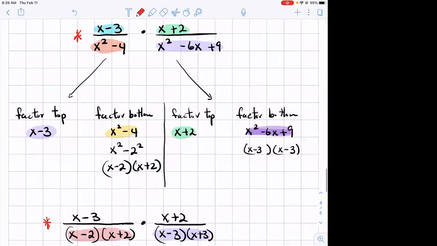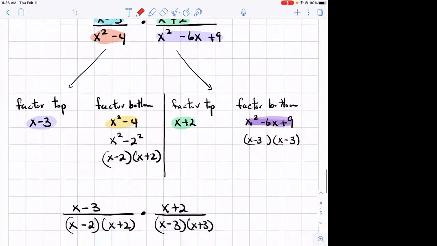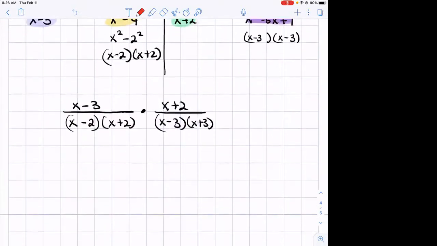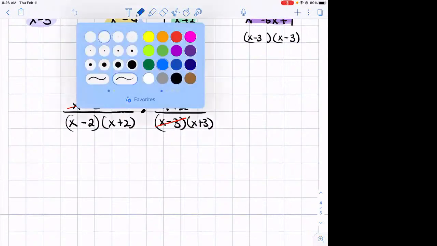Now what we're going to do is reduce, cancel numerators with denominators. Notice this x minus 3 can be cancelled with that x minus 3. We look at the top again. There's an x plus 2 in the top, and there's also an x plus 2 in the bottom.